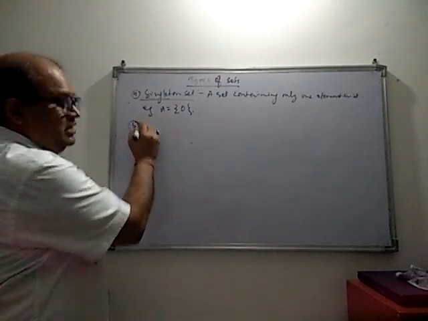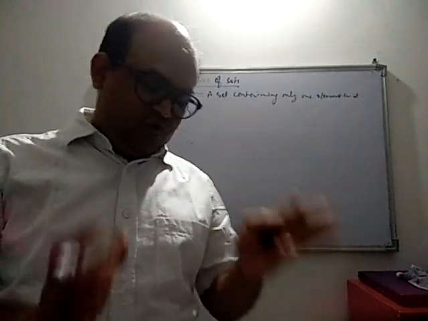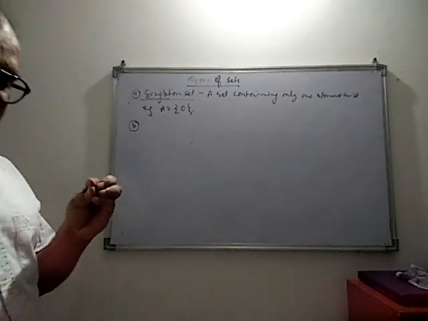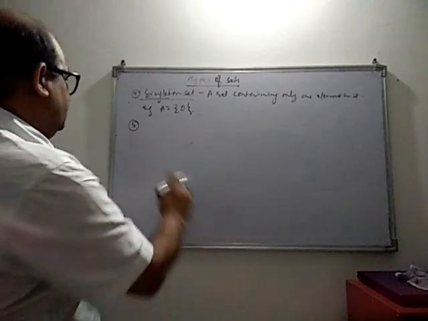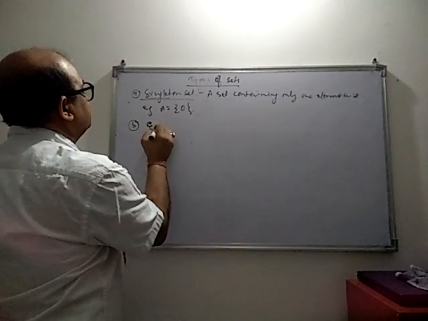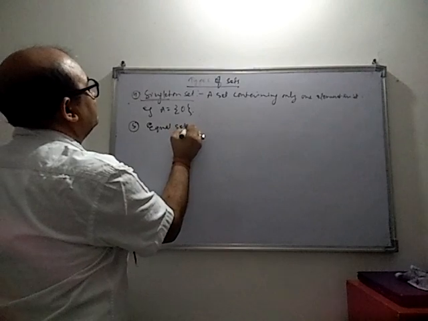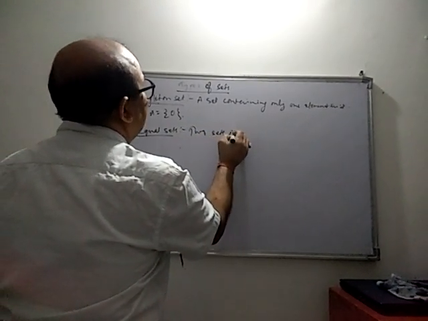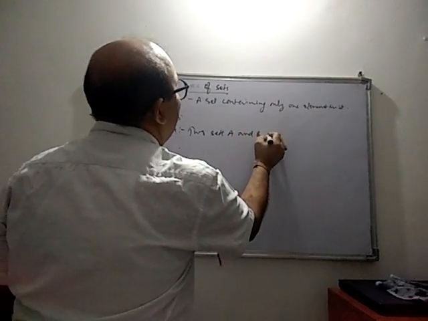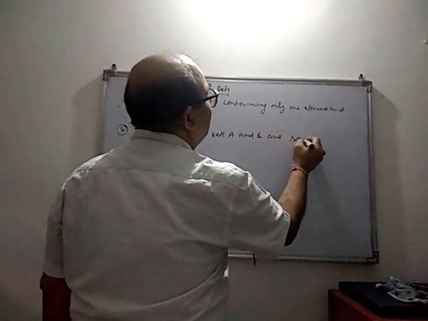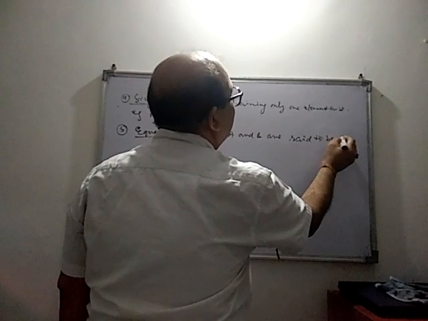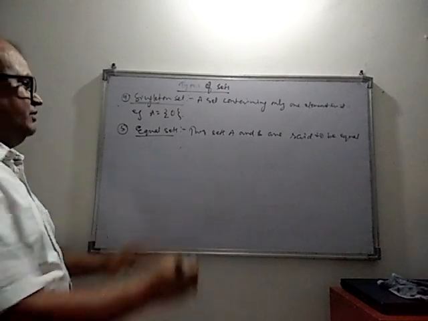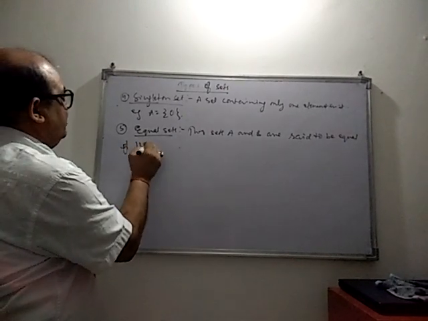Now, next is equal sets. Two sets A and B are said to be equal if they have exactly the same elements in them.